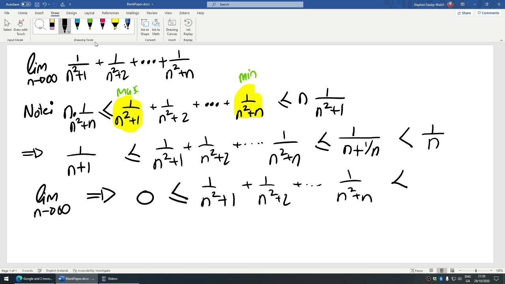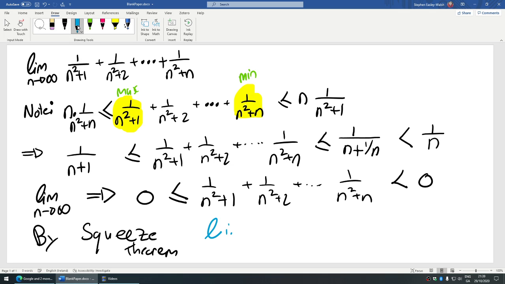And that's 0. So by the squeeze theorem, what we've done is we've squeezed this series in between two limits of 0. So we end up saying that the limit here has to be 0 by squeeze theorem.